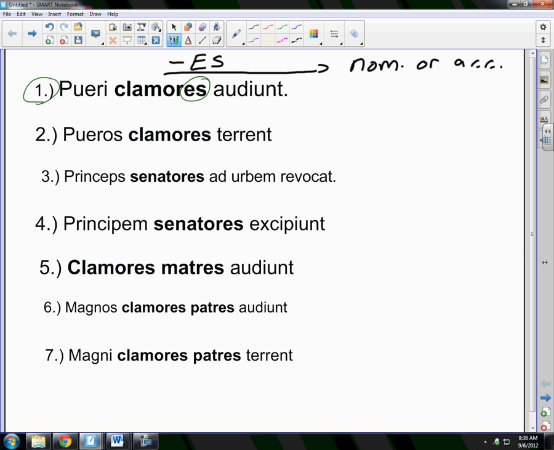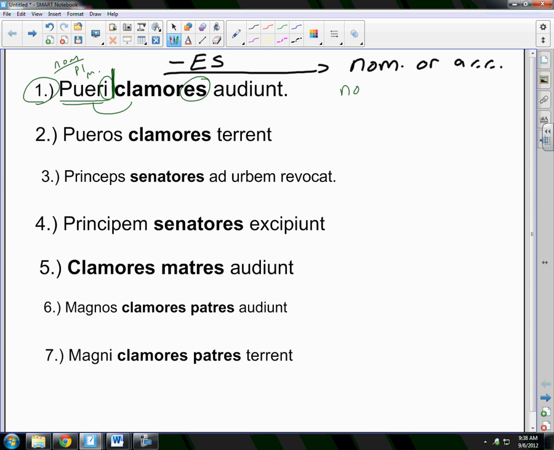Looking at sentence number one, I see the word pueri to begin with. It has the letter I. We know that the letter I is nominative and plural and masculine. If I've already established that this word is nominative, and I do not have a conjunction like et connecting these two words, then if pueri is nominative, clamores cannot be nominative.